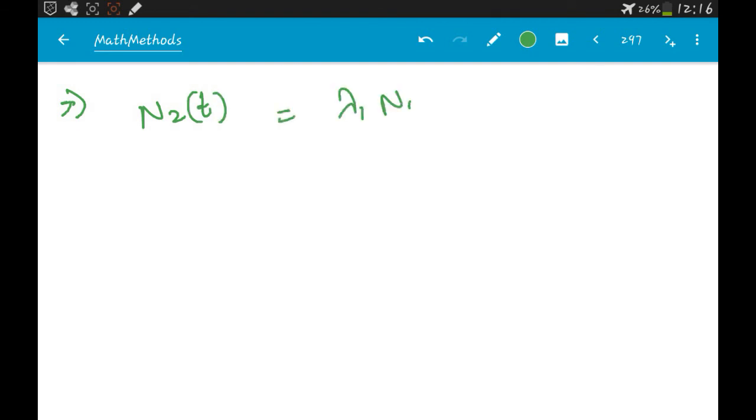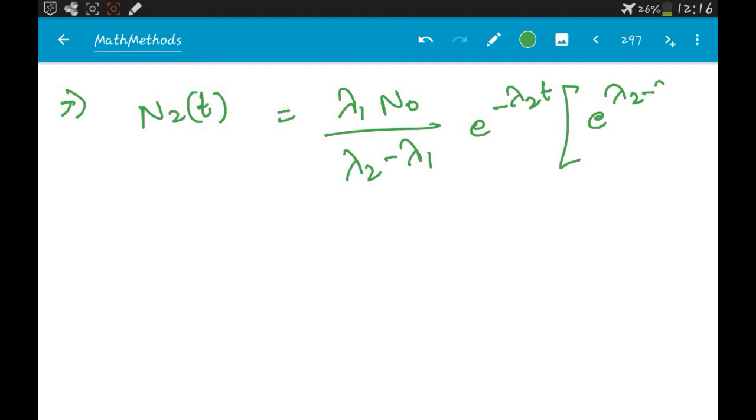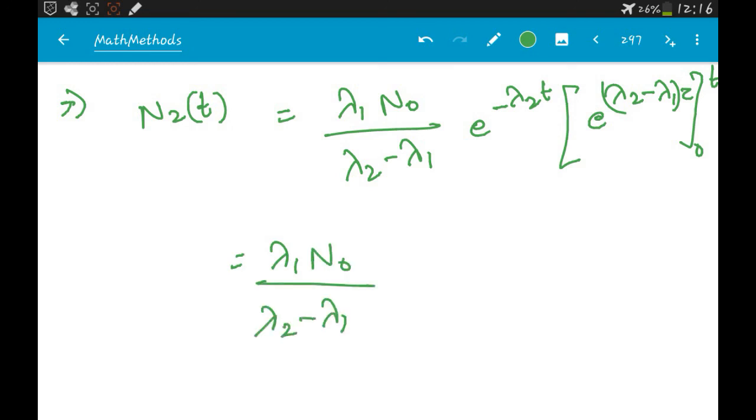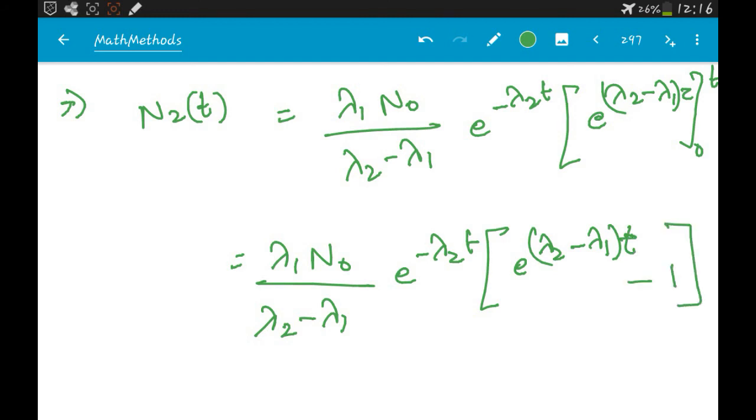Let's write it again: lambda 1 n naught by lambda 2 minus lambda 1, times e power minus lambda 2 t, times e power lambda 2 minus lambda 1 times tau from 0 to t. So we are going to get lambda 1 n naught by lambda 2 minus lambda 1, e power minus lambda 2 t, into e power lambda 2 minus lambda 1 times t, and this at 0 is e power 0, so that is 1.